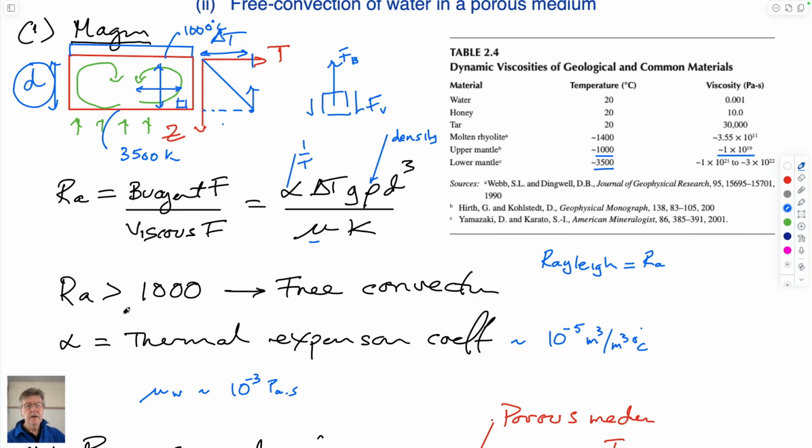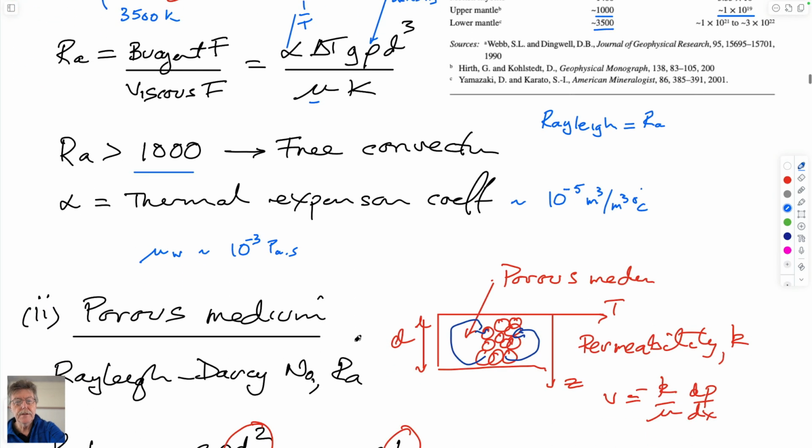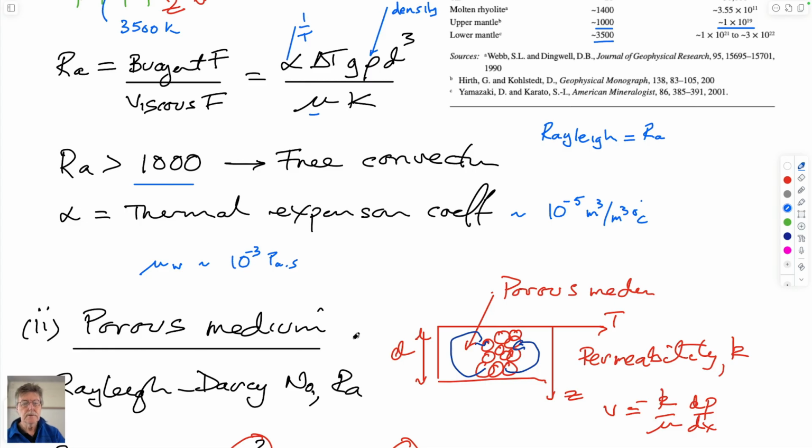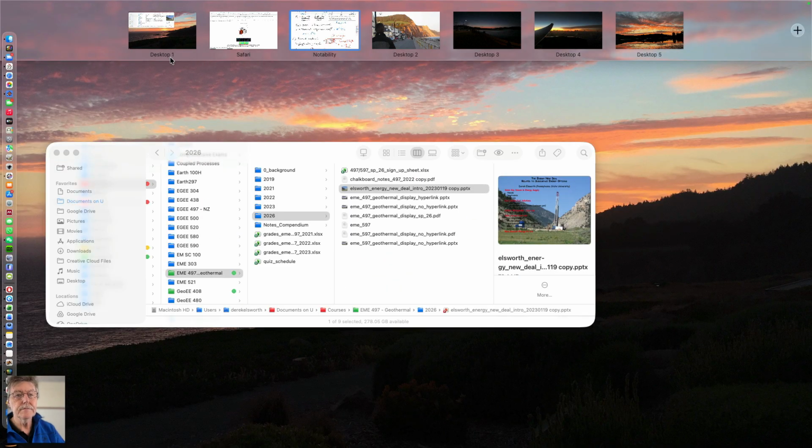For free convection to occur, you need this number to be bigger than about 1,000 for it to set up these cells, and you can check whether that is the case. What is K? I forget what K is.